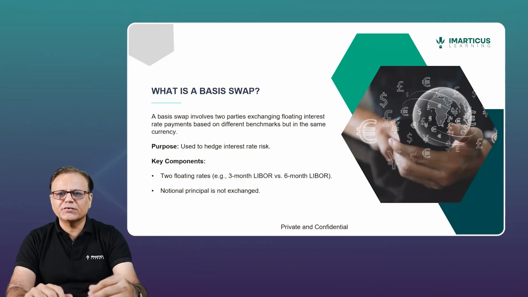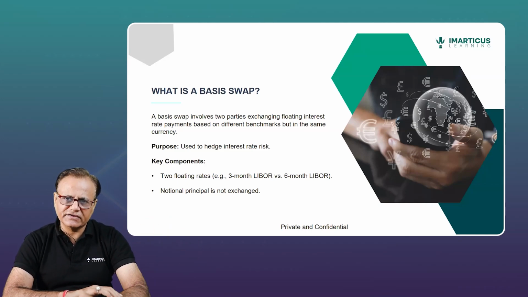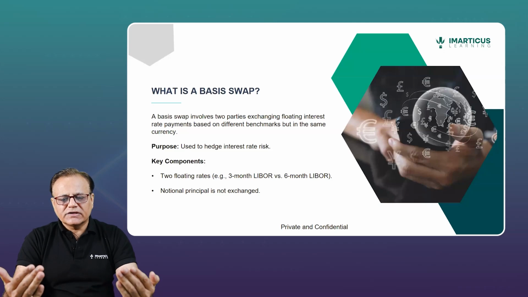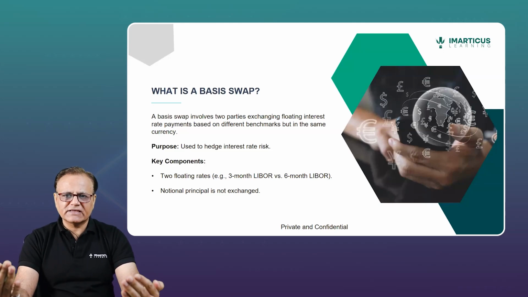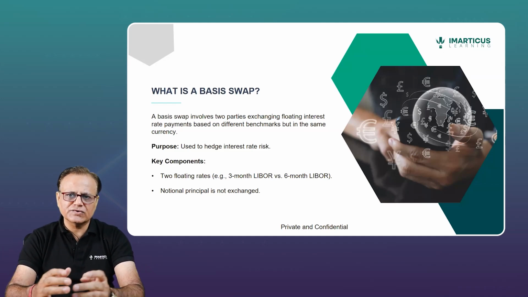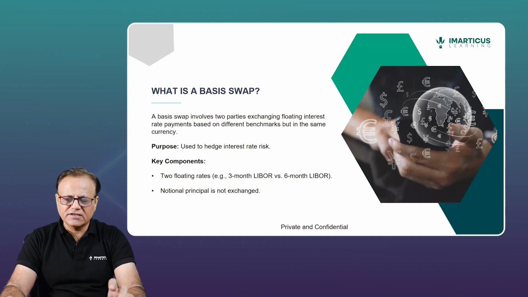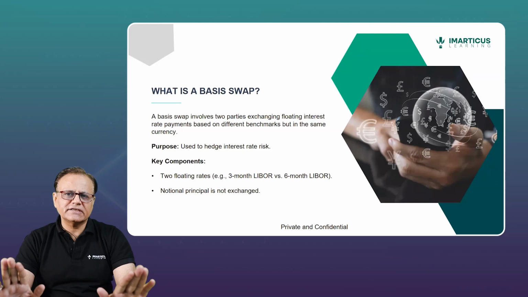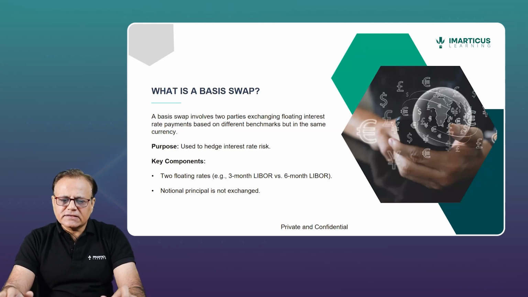So where do you take that interest rate from? Okay, you refer to the LIBOR. So the 3-month LIBOR and the 6-month LIBOR are referenced rates basically, and you refer to those and do the exchange as such. So the swap here is taking place on floating rates.